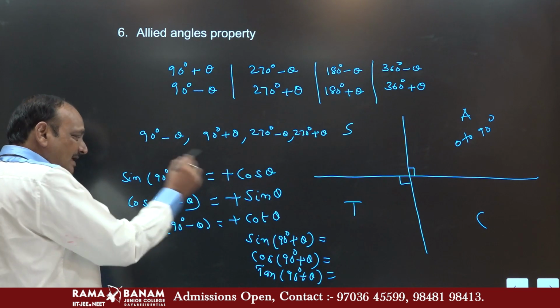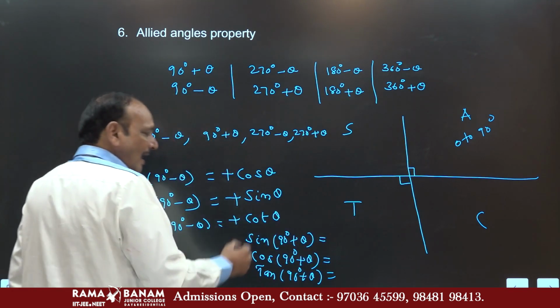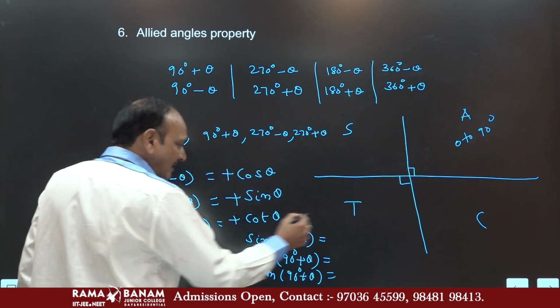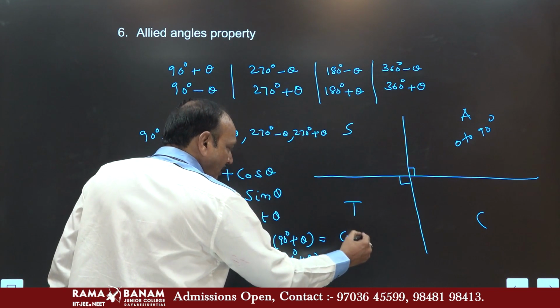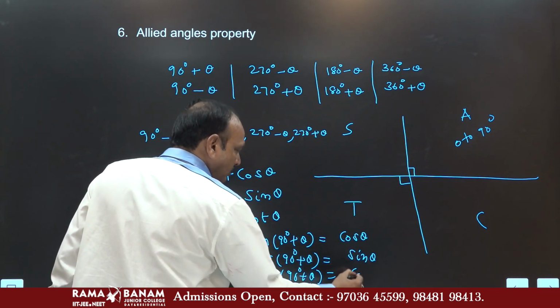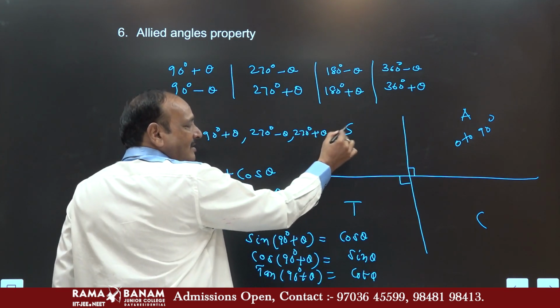What I told, 90 and 270 allied angle, we will get the friendly ratio, and plus or minus will depend upon the quadrant system. First sin का दोस्त cos, cos का दोस्त sin, tan का दोस्त cot, but 90 plus, where does it lie? It lies in the second quadrant.